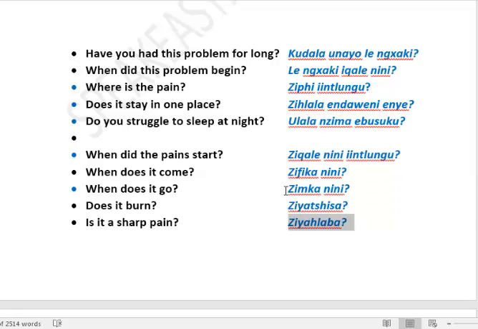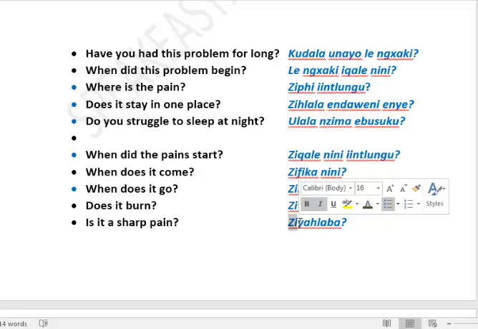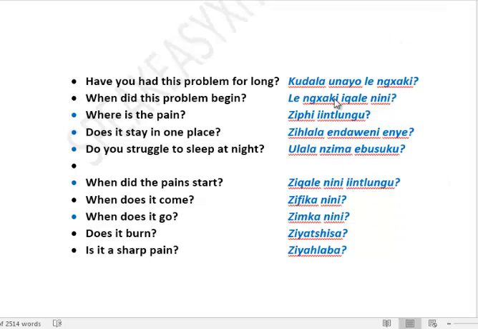So the Z, which we see here in every line virtually, refers to them being the inhlungu, the pains. So here we have the verbs qala, begin, lala, lie down or sleep, fika, arrive, mka, leave or go away, chisa, burn, hlaba, stab.